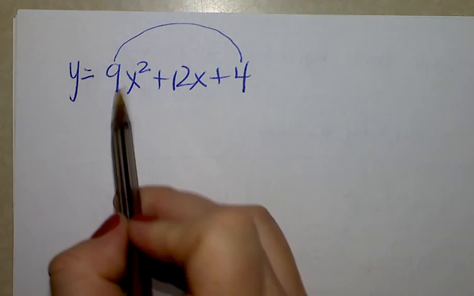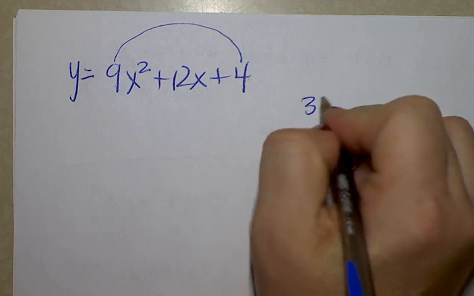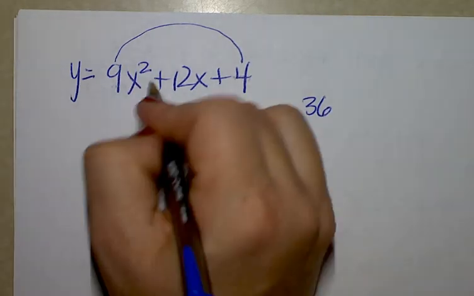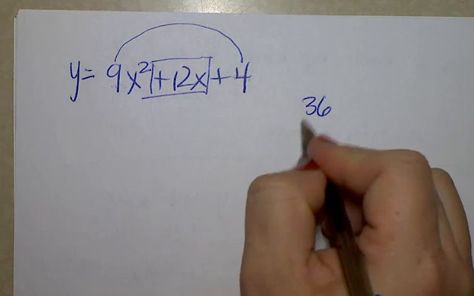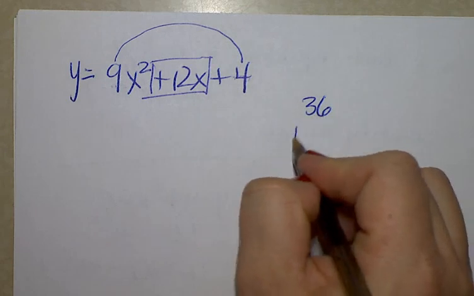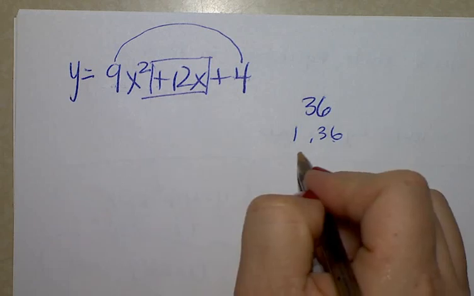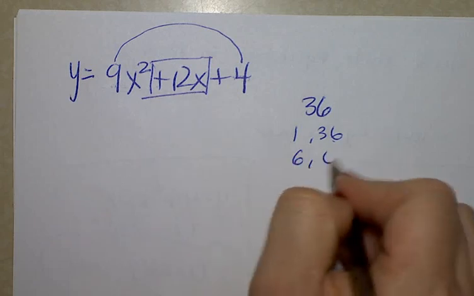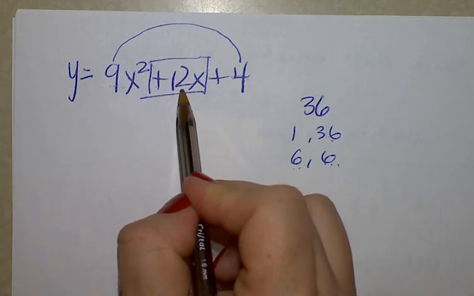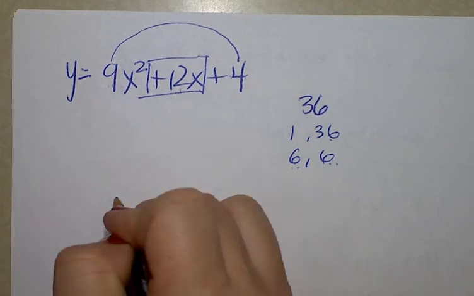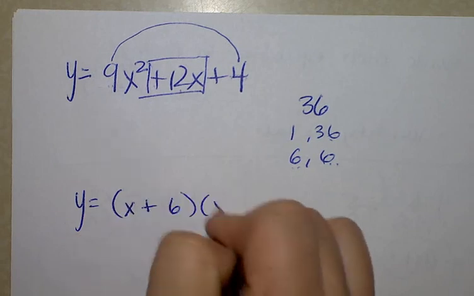Okay, so I want to think of two numbers that multiplied to give us 36, and they somehow combine to give you a positive 12. So I'm going to go one by one, and I'm like 1 and 36. Okay, multiplies but does not combine. Let's say 6 and 6, multiplies to give you 36, and they also combine to give you 12. So I get to go y equals x plus 6 and x plus 6.